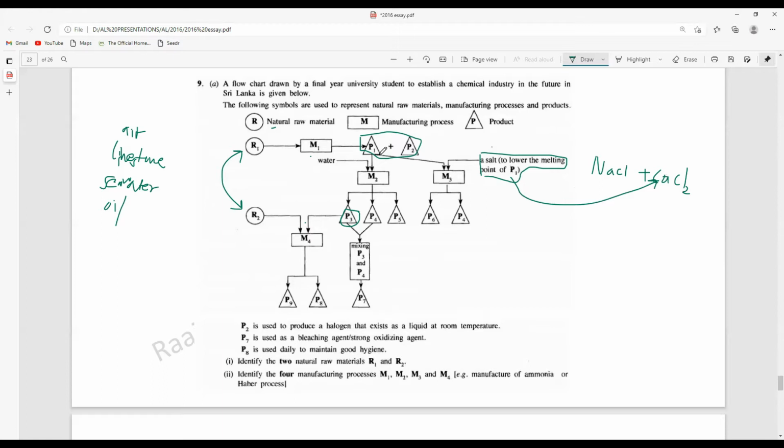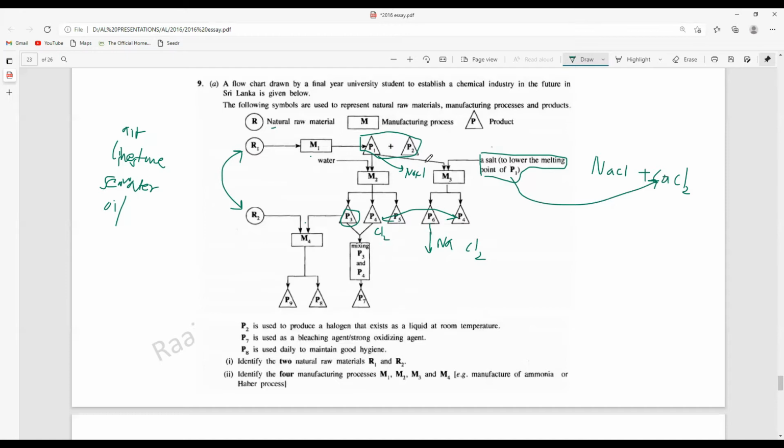Which gives me the idea P1 should be NaCl, right? Because NaCl added with the salt, we produce sodium, and also one of the other important byproducts, which is Cl2. So this P4 could be Cl2, and P6 could be sodium.